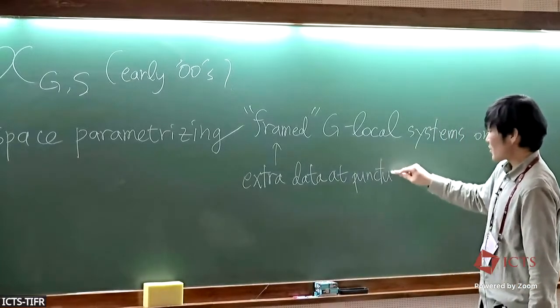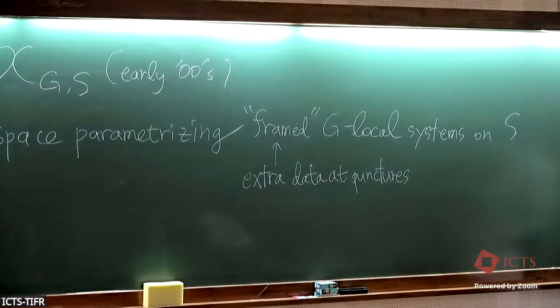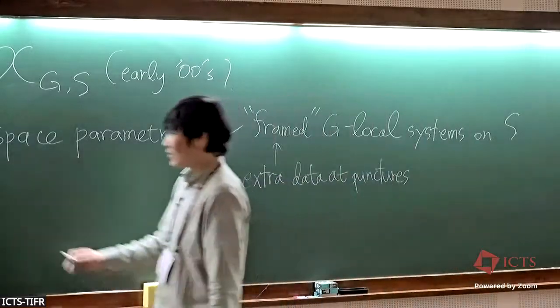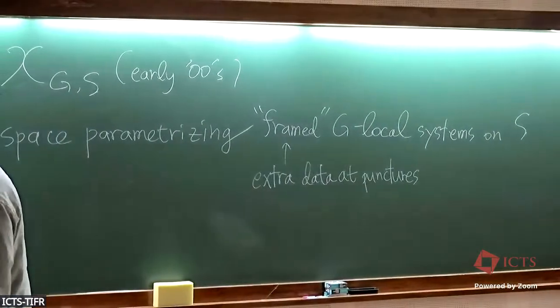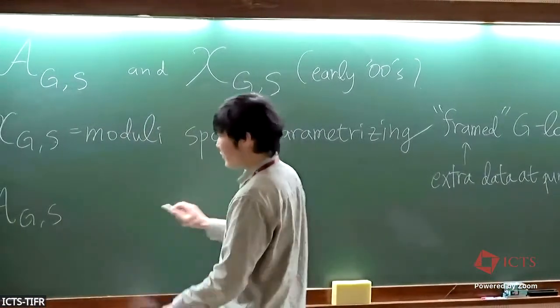The amount of extra data that you choose at each puncture is, roughly speaking, the Weyl group many choices, so it's sort of a ramified covering, like a branched covering. I didn't even define this precisely, but anyway, A is a modified version in a little bit of a different way.